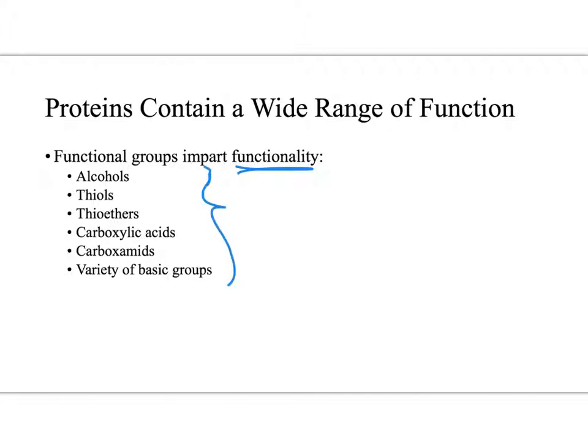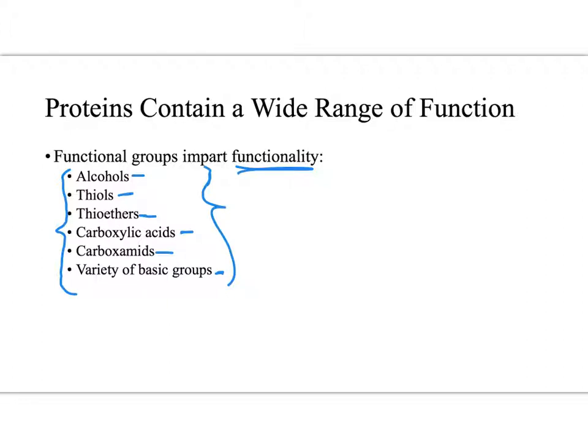We can see alcohols present in our protein structures, thiols, thioethers, carboxylic acids, carboxamides, and a variety of different basic groups. So lots of functionality here, and this is going to rely on you going back to your organic chemistry and thinking about what these functional groups actually represent.